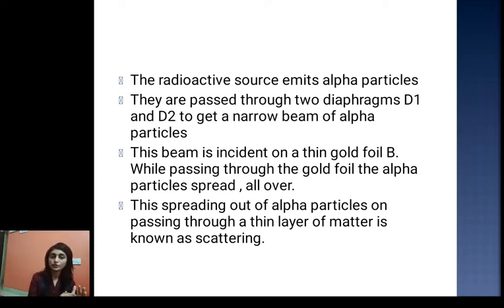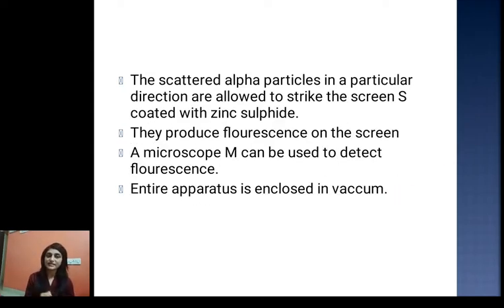While passing through the gold foil, the alpha particles spread all over. This spreading out of alpha particles on passing through a thin layer of matter is what is called scattering. Now, the scattered alpha particles in a particular direction are allowed to strike the screen S, and that screen is coated with zinc sulfide.